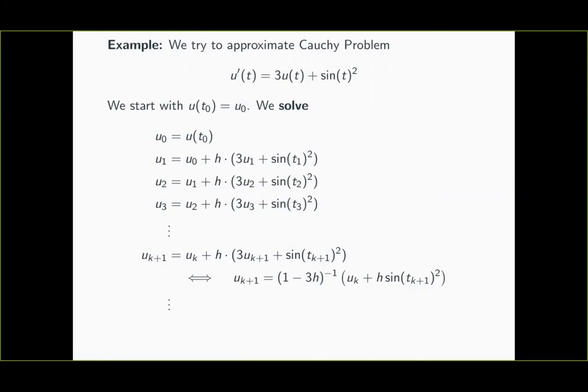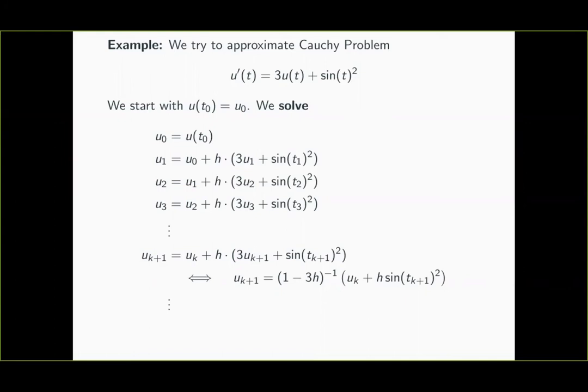The variable uk is already known from the previous calculation, and we use that value to define this equation, and then we solve that equation for uk plus 1. In fact, we can again use the special structure of the differential equation to simplify the solution procedure.